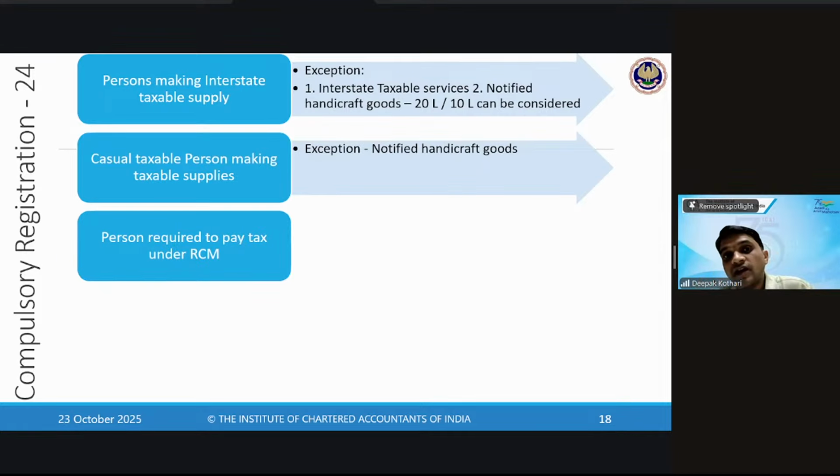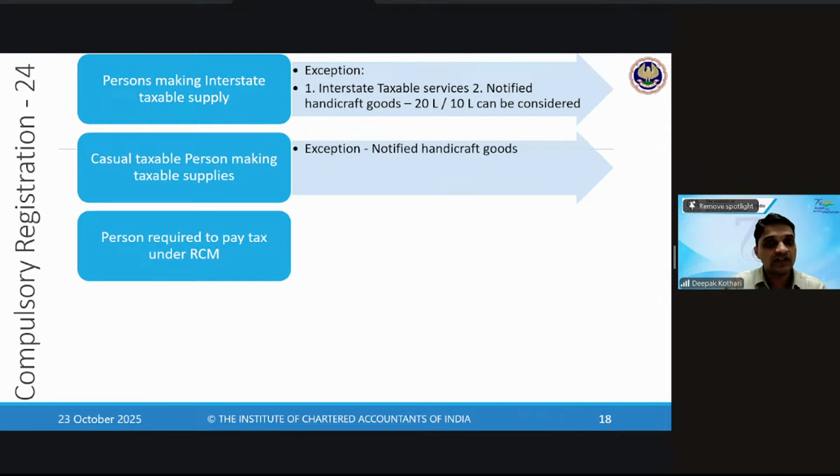So he will jump from the bracket of a person who is not registered to registered just because of RCM. Just because he is taking one service of an advocate, he will have to register. And once registration is done, then on all his sales, he has to collect GST and pay the GST. Clear?